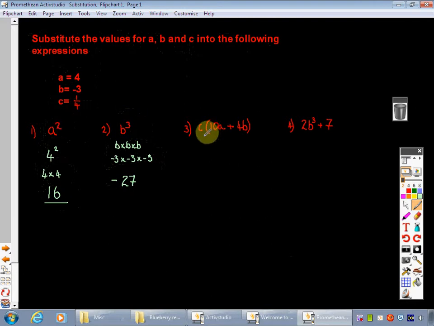This one's interesting because we've got a lot going on here. We've got two different letters being used, the A and the B. We've got some other numbers added in, we've got some brackets, and we've also got the third letter, the C, which is a fraction as well.